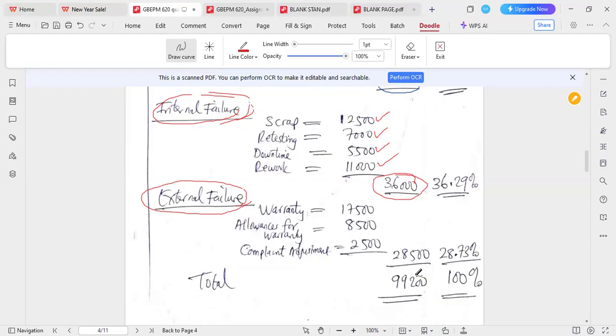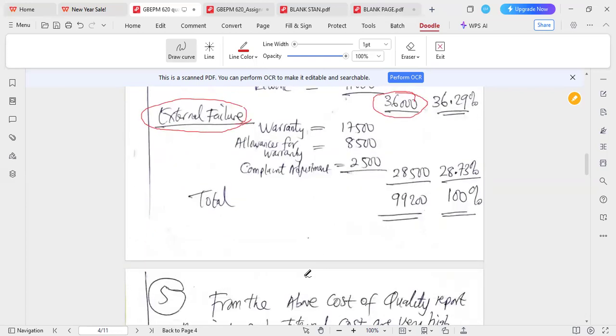That is for the external failure cost. And the total cost comes to 99,200. Okay. This is what we have as the total cost of quality.